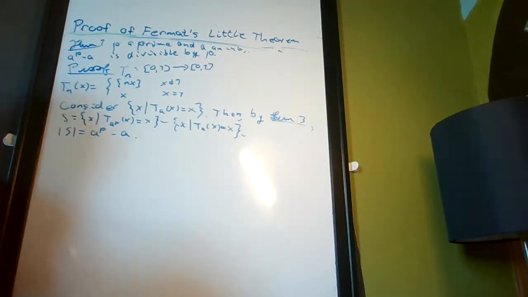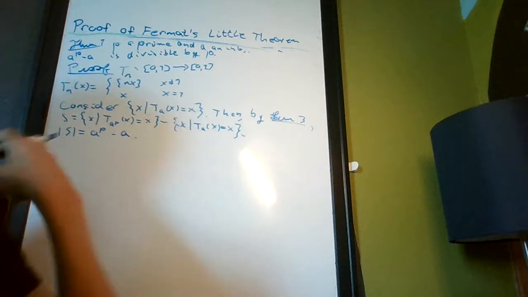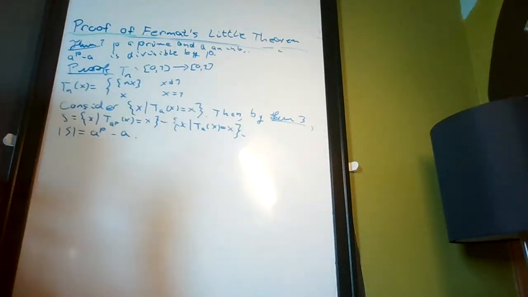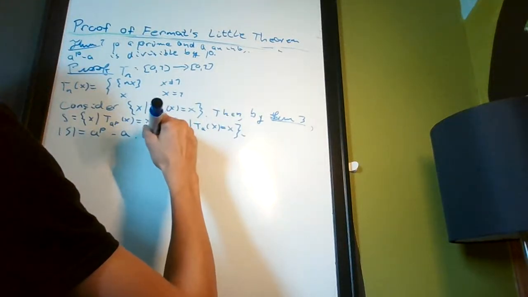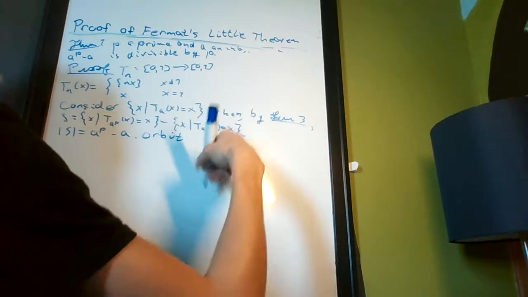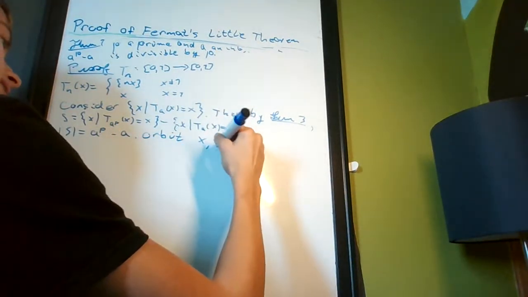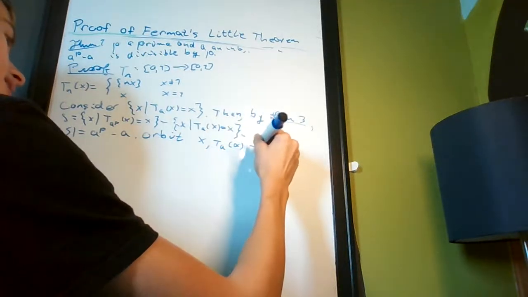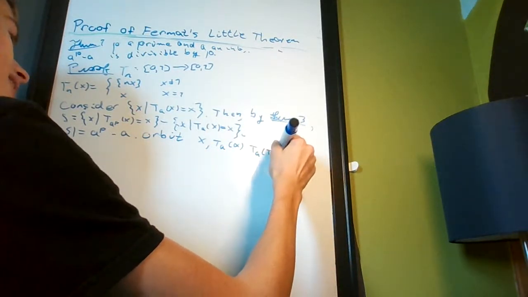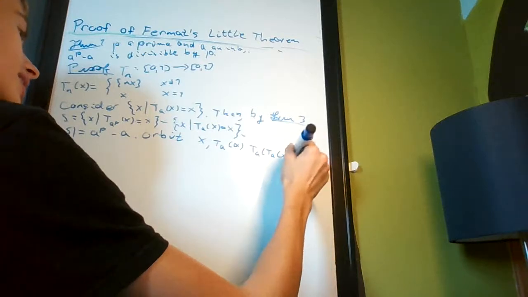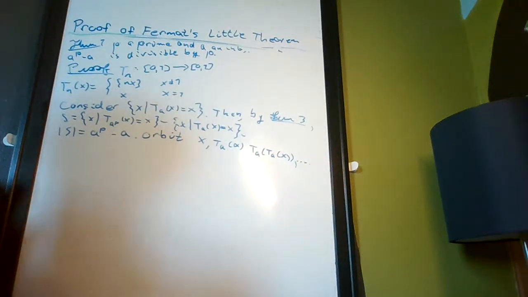Then we take something called an orbit. Basically, what you do, x, then TA of x, then TA of TA of x, and you continue that on, okay?